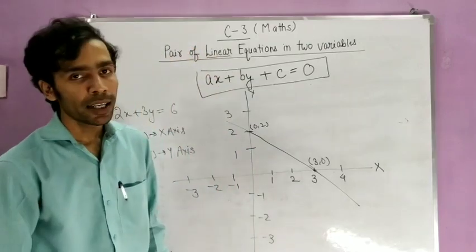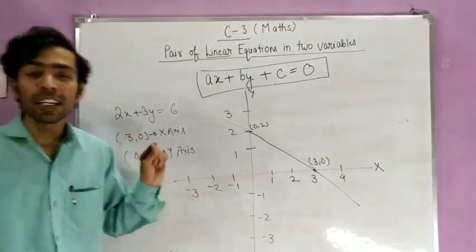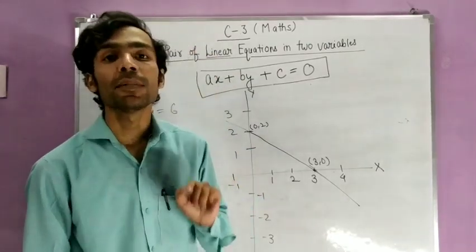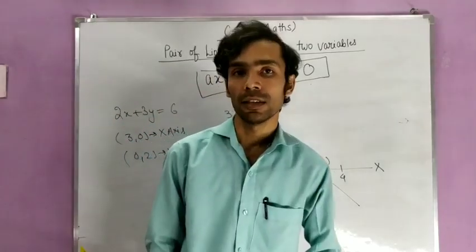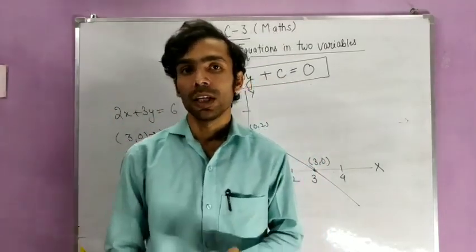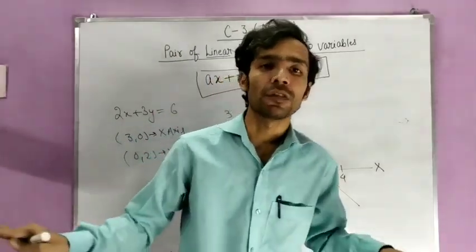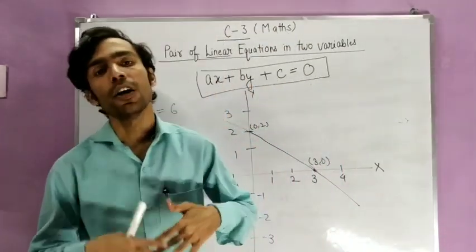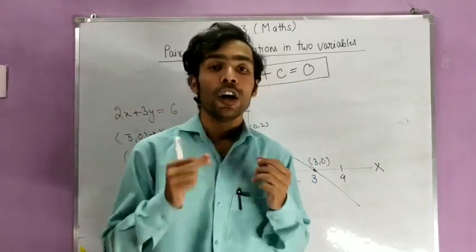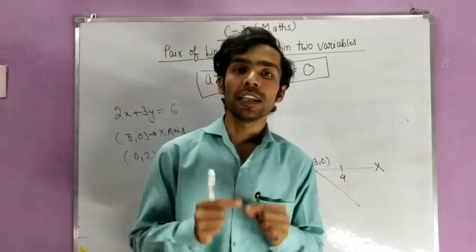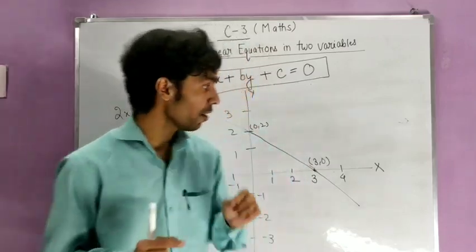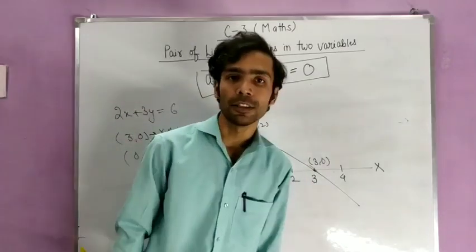So it means that the graph of a linear equation is always a straight line. Remember this point, students. The graph of any type of linear equation, either in one variable or 2 variables, will always be a straight line.